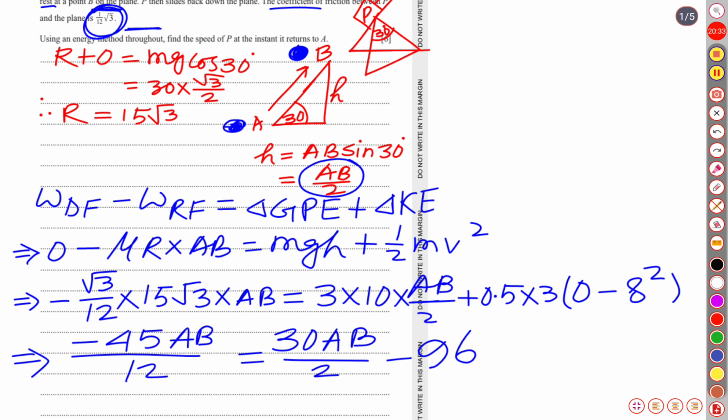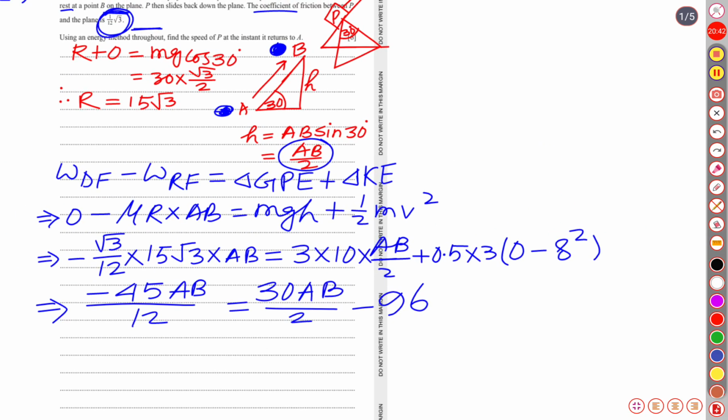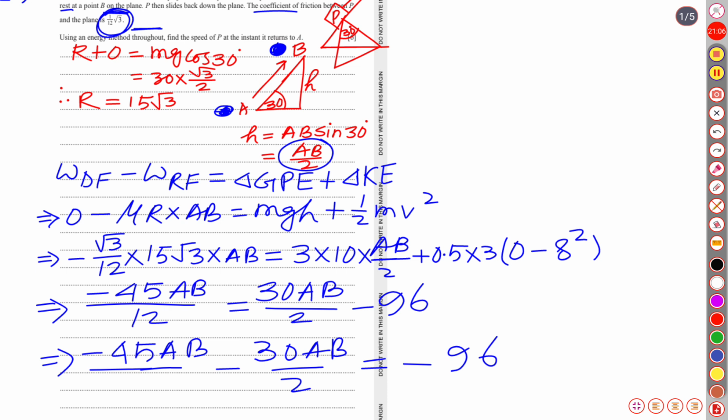Actually we are trying to find the displacement AB. If we find AB, then we will come to know the exact height. So if we write both the ABs on the left side, it is negative 45 AB over 12 minus 30 AB over 2 equal to negative 96.